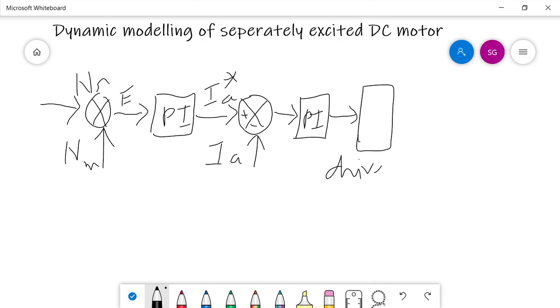So the role of the driver is to generate necessary pulses for the DC to DC chopper.